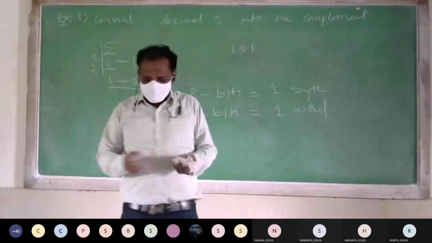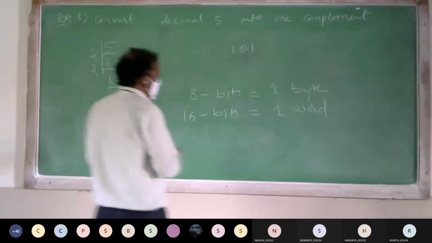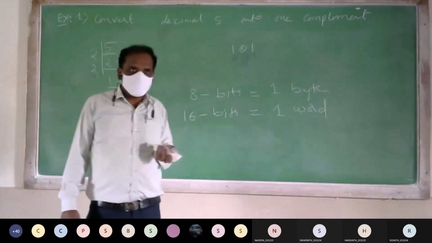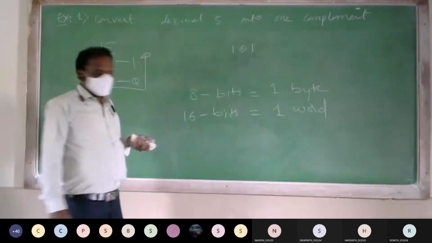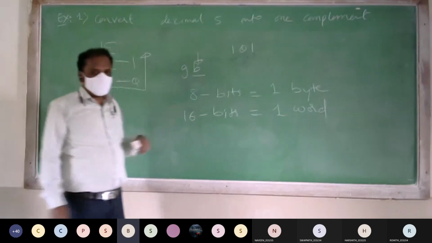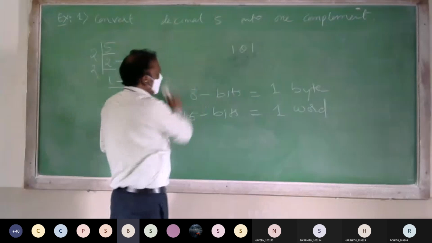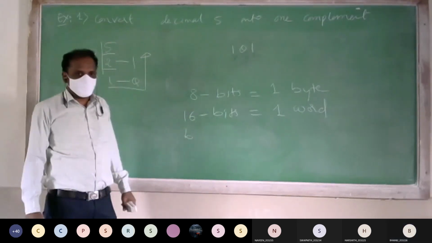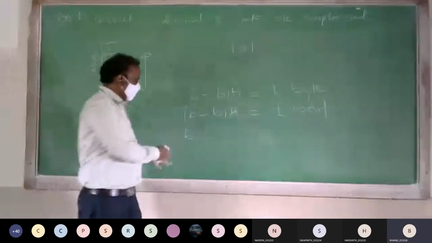So now, for example, if I ask what is the RAM capacity in your phone, what will you tell? 4 GB RAM or 6 GB, 8 GB, like that. B means byte. Gigabyte. 1 byte is equal to 8 bits.